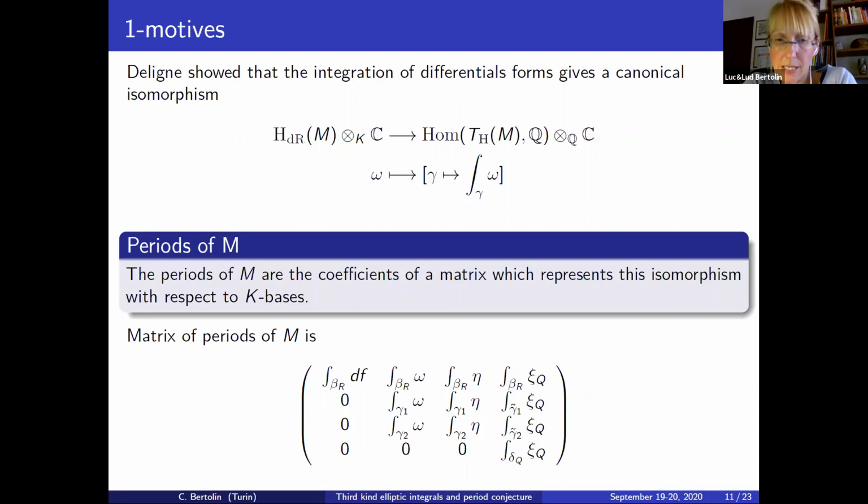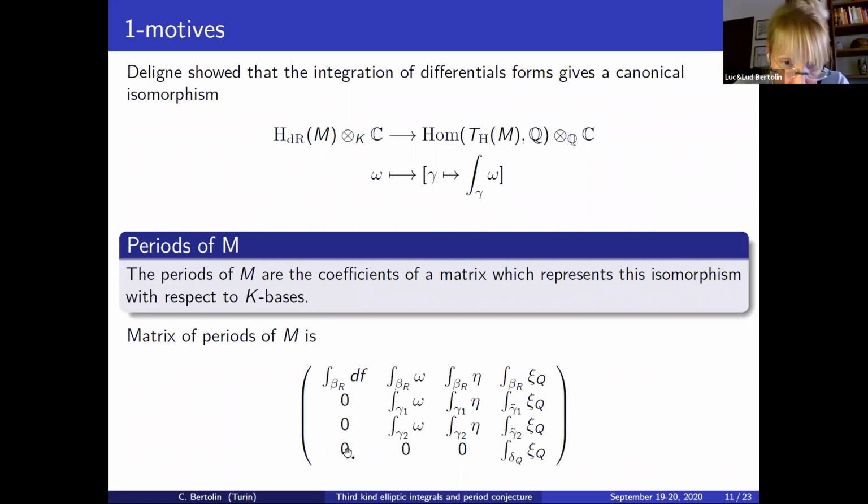The first line is all the integrals along beta R. Beta R was the path from 0 to R. And you compute the integral along this path with all the differential forms that we have, df, omega, eta, and xq. Then we have to integrate along gamma 1 omega a times CQ, along gamma 2 omega a times CQ, and we integrate along delta Q CQ.